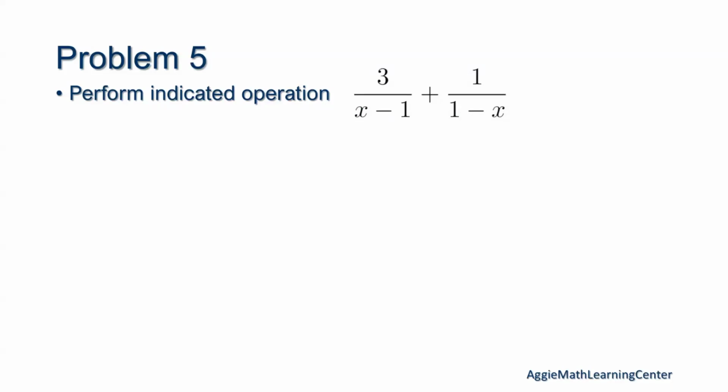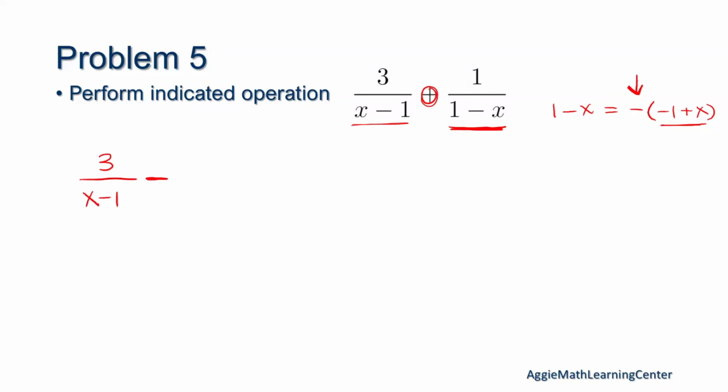We're going to factor a negative out of this part over here. So this bottom term, 1 minus x, is equal to negative 1 plus x. Okay, now this inside part is looking a lot more similar to this part over here. So if I rewrite this, 3 over x minus 1, now I have this negative in front and this positive, so I'm going to turn this into a negative.